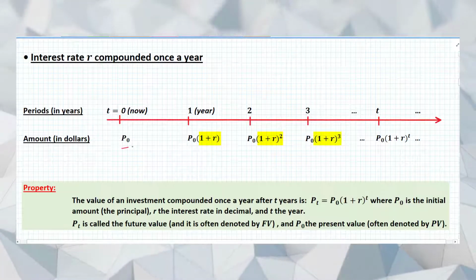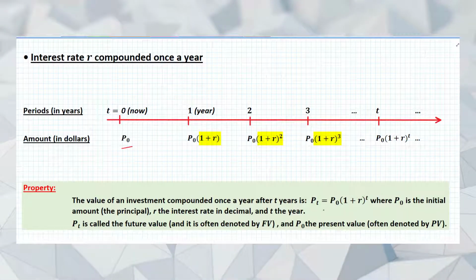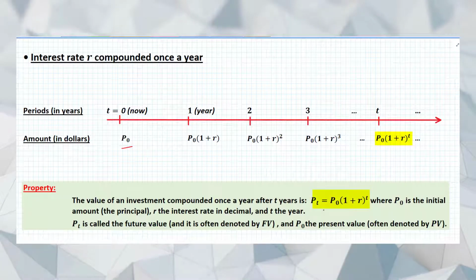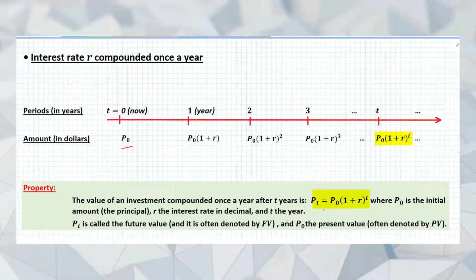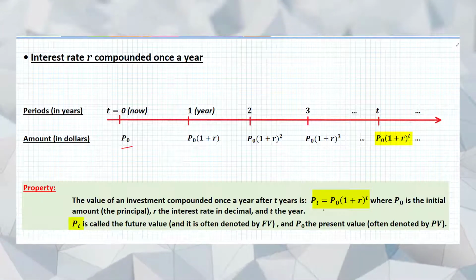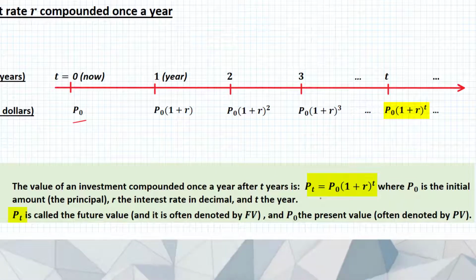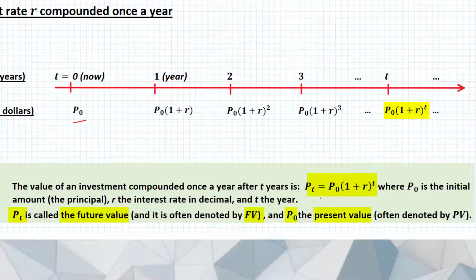So if you invest an initial amount of P naught dollars, after T years, you will have P naught times 1 plus r to the power of T. Sometimes P sub T, which describes the value in the account after T years, is denoted by FV, the future value. In this case, P naught is then called the present value, and that's just PV.